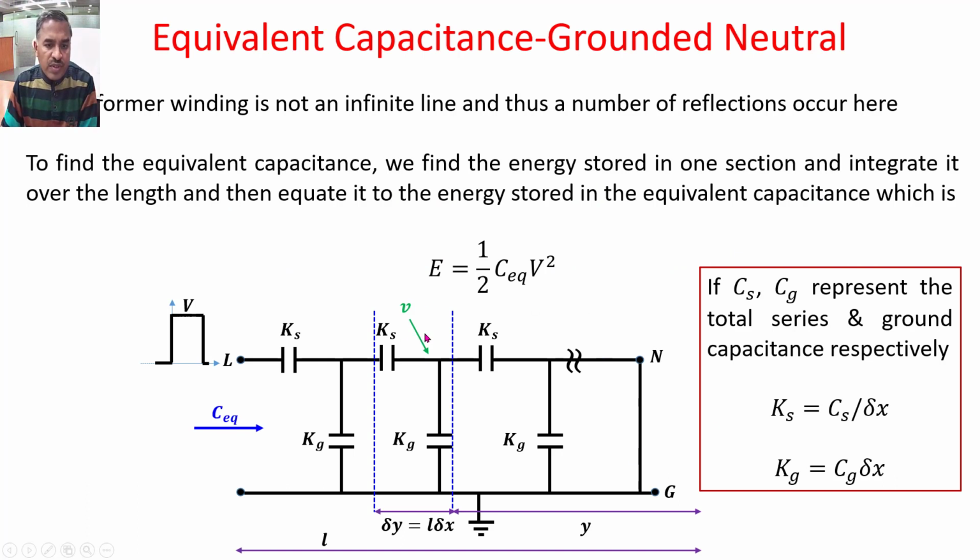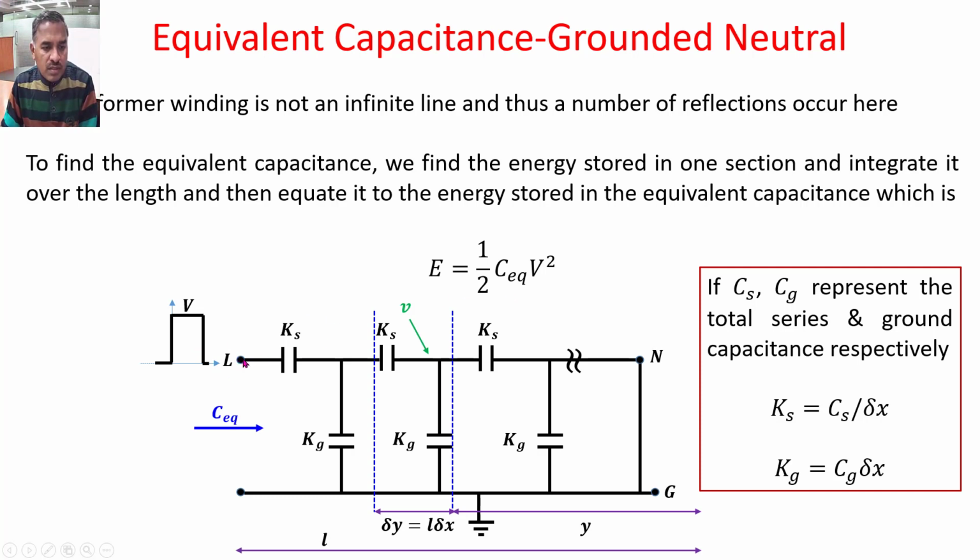So, the equivalent circuit we have seen here. The last time we saw that it is a capacitive network when time t is equal to 0, immediately after the wave is impinged here, or just like switch on, or any transient wave coming here.